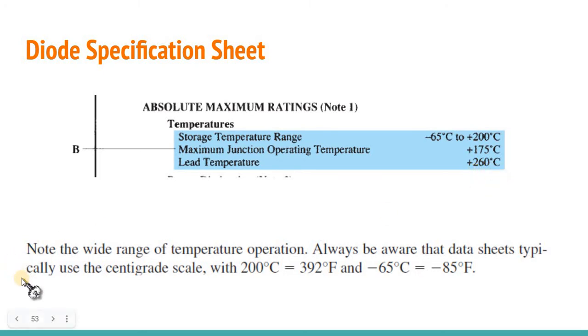Note the wide range of temperature operation. Always be aware that datasheets typically use the centigrade scale. So when you look at the datasheets of a diode, naka-degree Celsius ang iyahang datas. So 200 degrees Celsius is equal to 392 degrees Fahrenheit, and negative 65 degrees Celsius equals negative 85 degrees Fahrenheit.